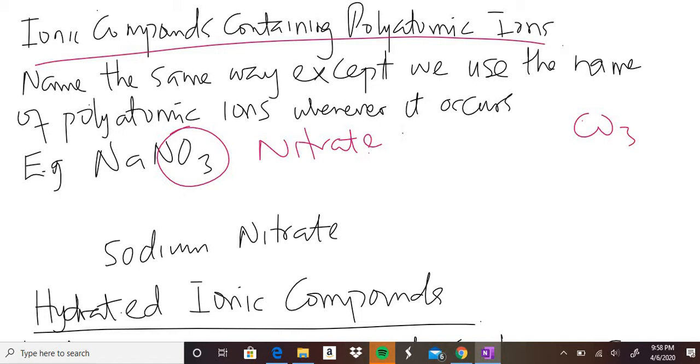We have these to be carbonate, sulfate, and so on. All right, so we now name the cation, which is sodium, as we have in periodic table. Sodium nitrate.